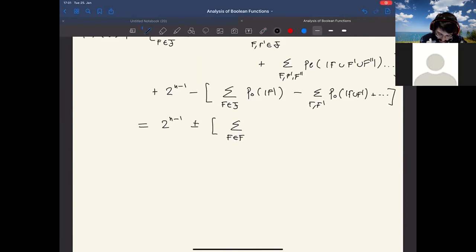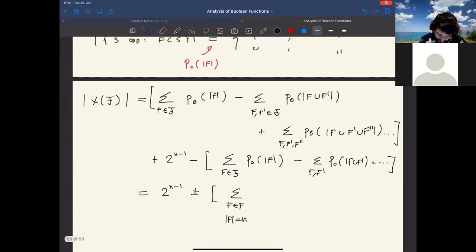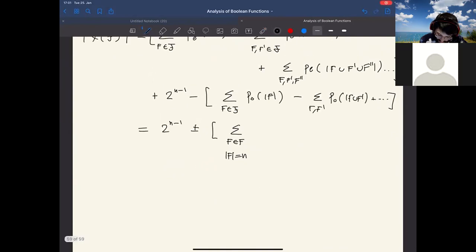And now this is just the function 1, and only when the set has cardinality n exactly, because this is the difference. So it's going to be this, and then minus F prime, where the union has cardinality n. And that's it, pretty much. You can't do anything else.